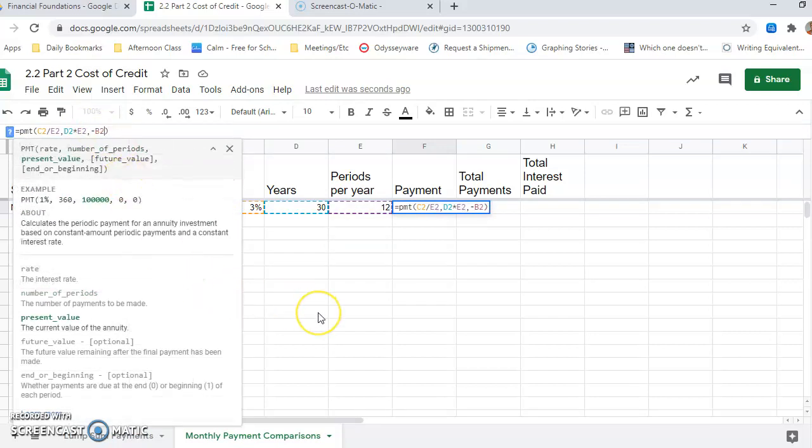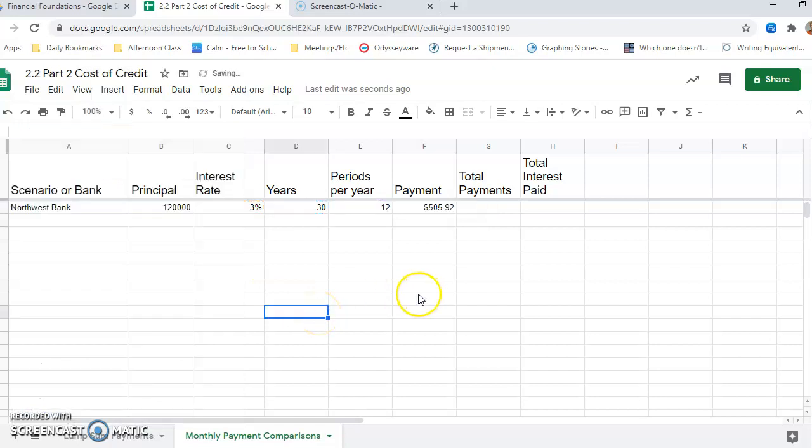All right, so thanks for bearing with me there. So writing the formula can be quite challenging, and sometimes I'd probably be better off if I didn't try to look at something else. But when you start typing payment, what it tells you is you need to know how many periods, how much is the interest rate first, the interest rate per period. So I had to do the interest rate divided by 12, so the 3% divided by 12.